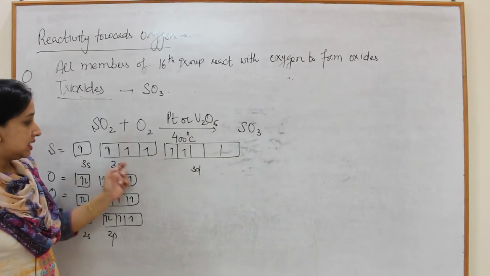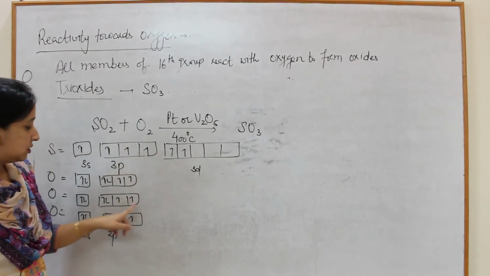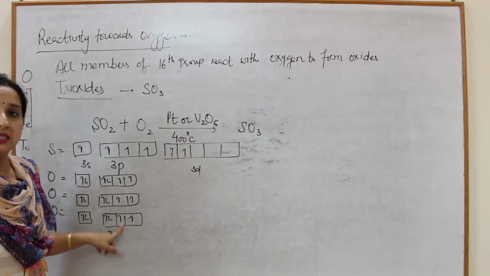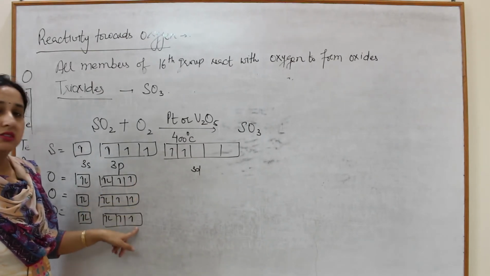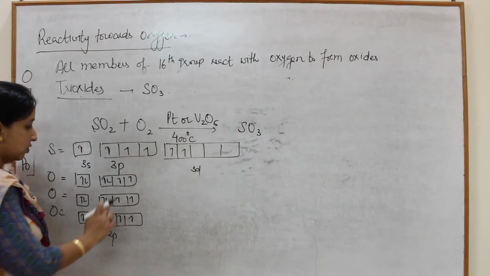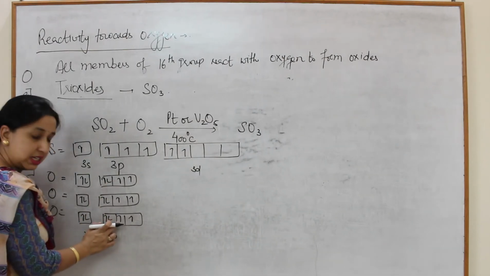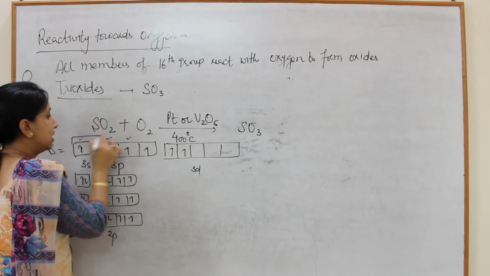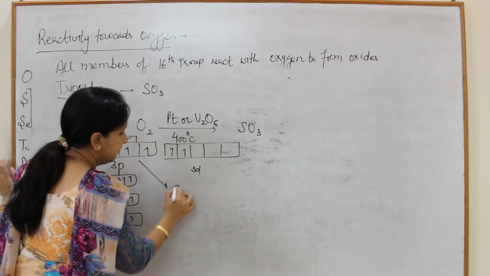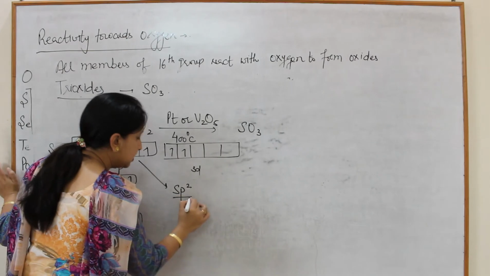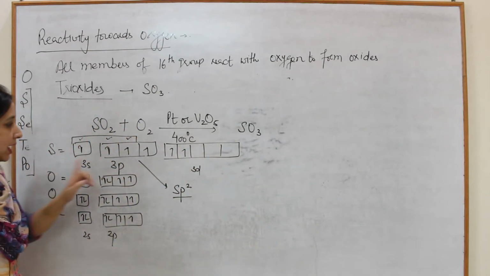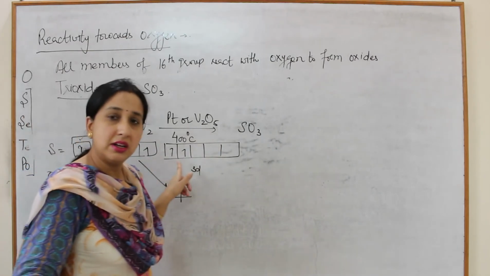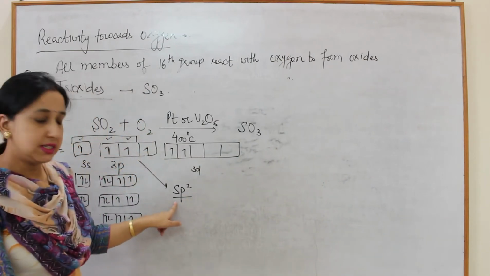But among these 6 unpaired electrons, 3 bonds will be sigma and 3 bonds will be pi. So the total is 3 sigma bonds. So again the hybridization will be sp2, because pi orbitals are not involved in hybridization.